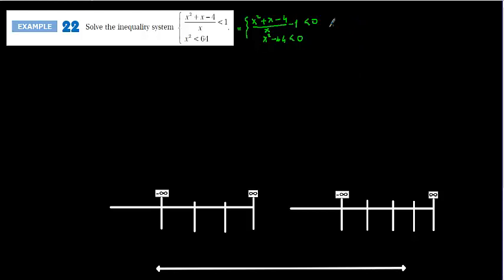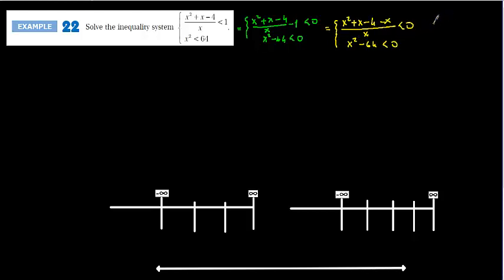The first inequality I'm going to write on the right side because that place has more space. Before solving this question I need to continue also like this. This is going to be equal to x squared plus 4x minus 4 minus x all over x is less than 0, and the second one is again x squared minus 64 is less than 0.